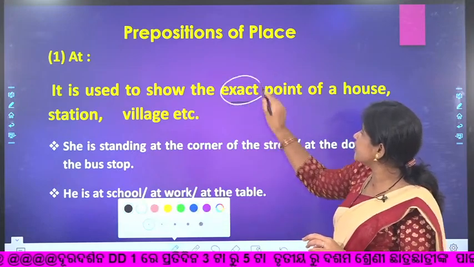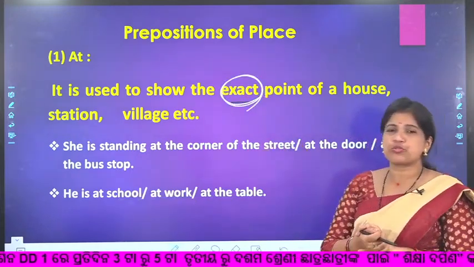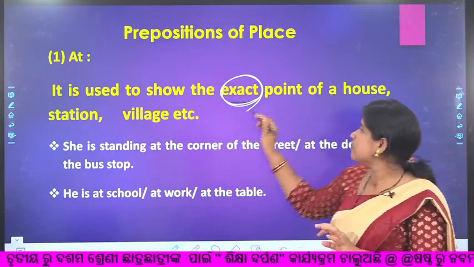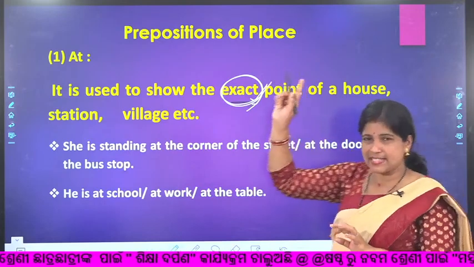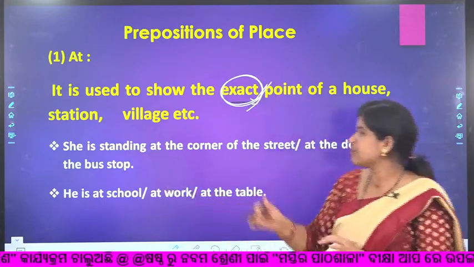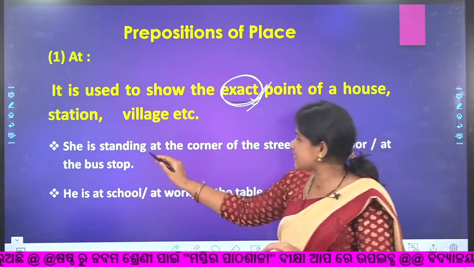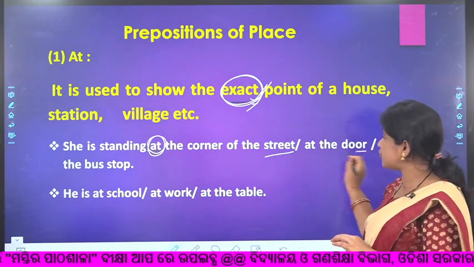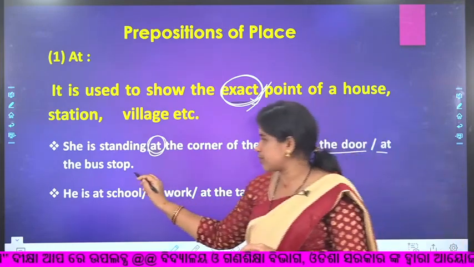So, you can see here at. It is used to show the exact point of a house, station, village, but mark here it shows the exact point. So at is very specific. Then in a sentence we can say she is standing at the corner of the street or at the door or at the bus stop.